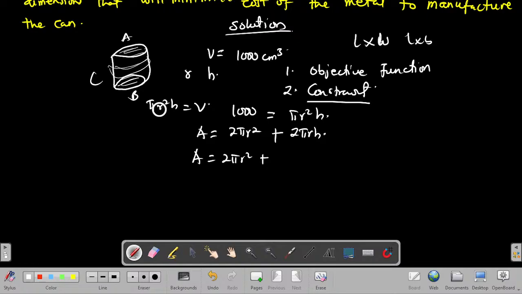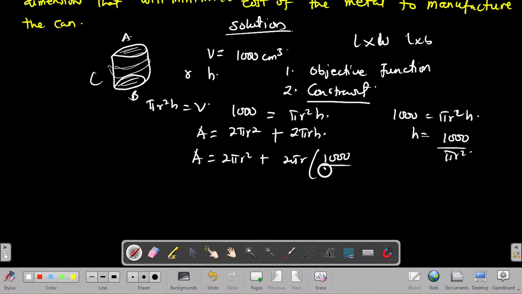Now let's see. From our constraint, you have 1,000 equal to pi r squared h. To make our life easy, we make h the subject, and get h equals 1,000 over pi r squared. Now I have a variable from my constraint, so we come and put it in: 2 pi r times 1,000 over pi r squared.